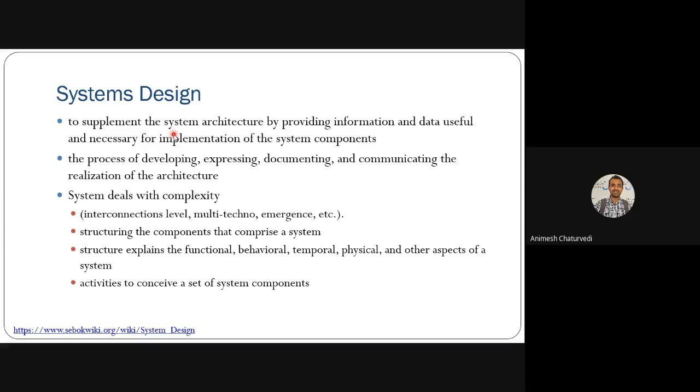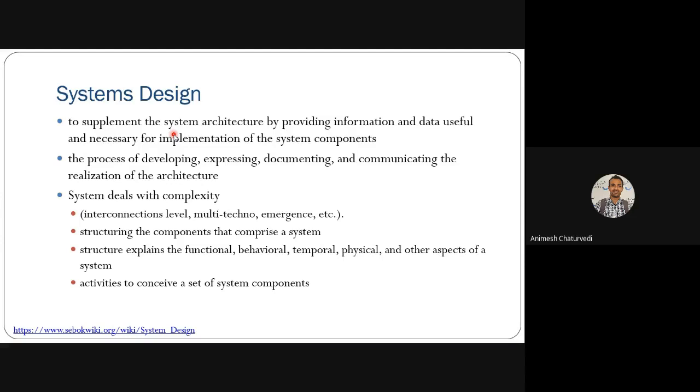As we had already seen in the system requirements, requirement specification documentation is required. So the purpose of the system design is to create and express some documents that will help communicate the architecture of that system. Then systems deal with various complexity, and there could be multiple kinds.